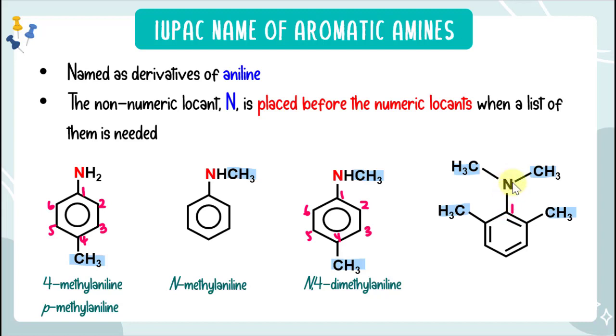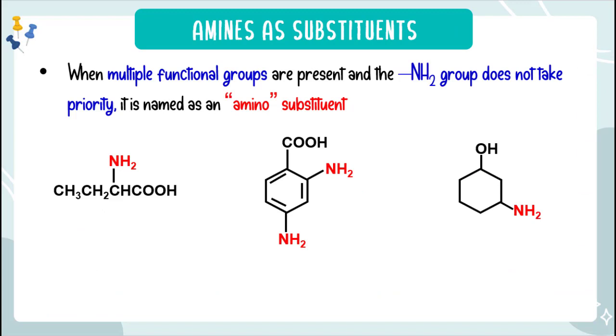Since this one and this one are symmetrical to each other, either can be number 2. So let's say I'll number this one as 2, 3, 4, 5, and 6. So the IUPAC name for this compound will be N,N,2,6-tetramethylaniline.